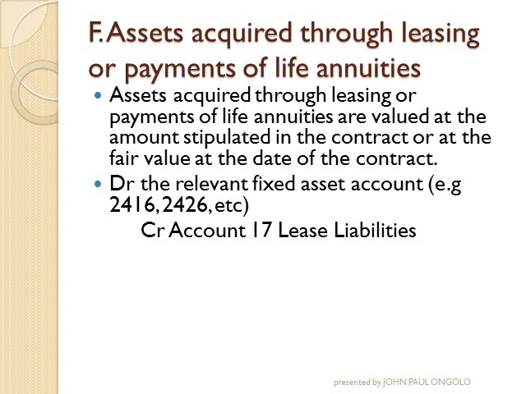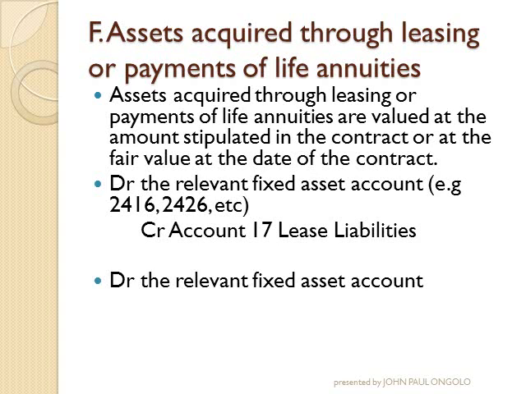So let it be 2416, 2426, or any other fixed asset account ending with 6. Note that any other fixed asset account with 4 digits ending with 6 deals with lease assets.